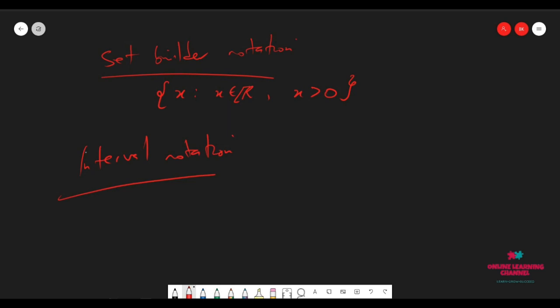So that means, since we are looking at real numbers, we start looking at your 0.000, maybe 1 somewhere down there, and then we continue with this up to positive infinity. So this is what we are saying by this statement. x has to be greater than 0, and then x has to be a real number. This is how we write that.